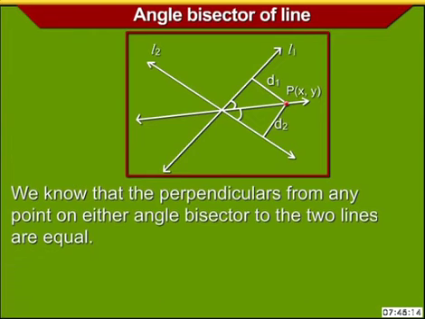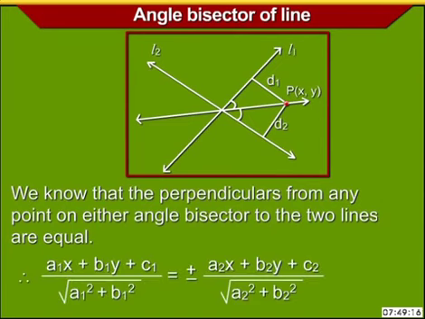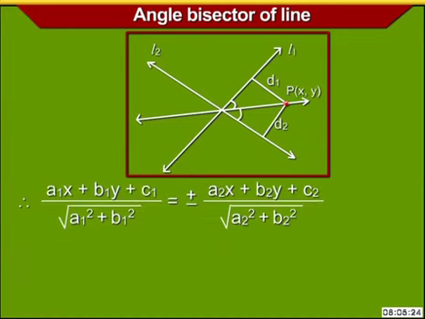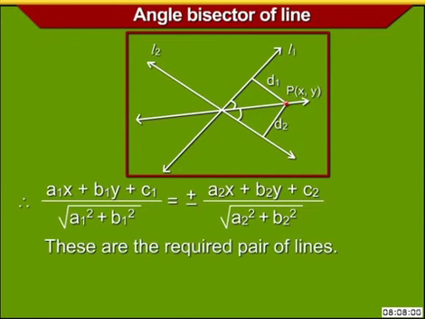Therefore, a1x plus b1y plus c1 upon square root of a1 square plus b1 square is equal to plus minus a2x plus b2y plus c2 upon square root of a2 square plus b2 square. These are the required pair of lines.